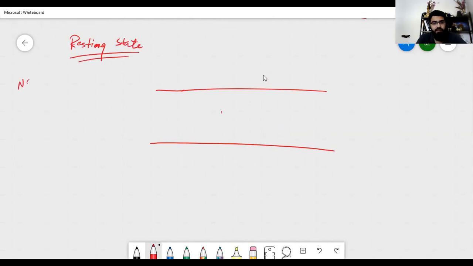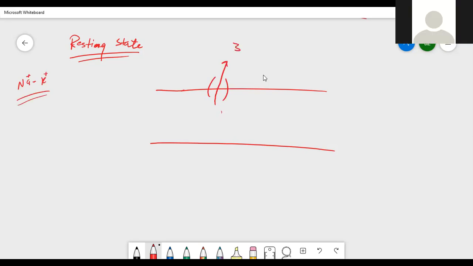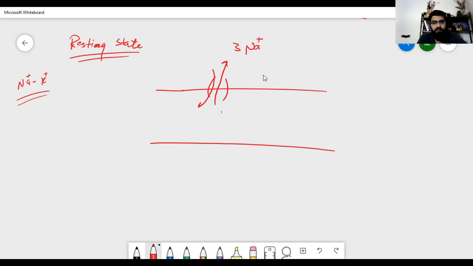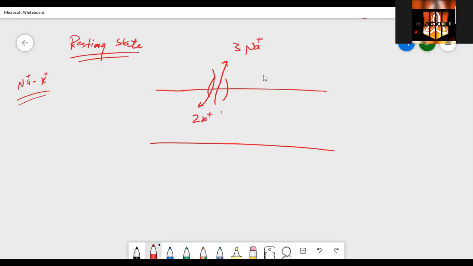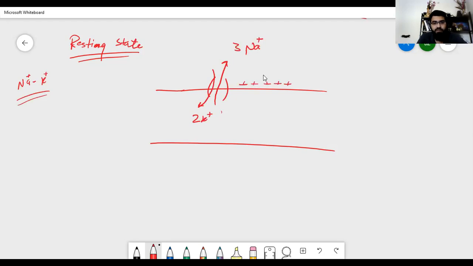This pump maintains the resting state by releasing 3 Na plus outside while getting in 2 K plus inside. That makes the outside permanently positive compared with the inside, which is negative.